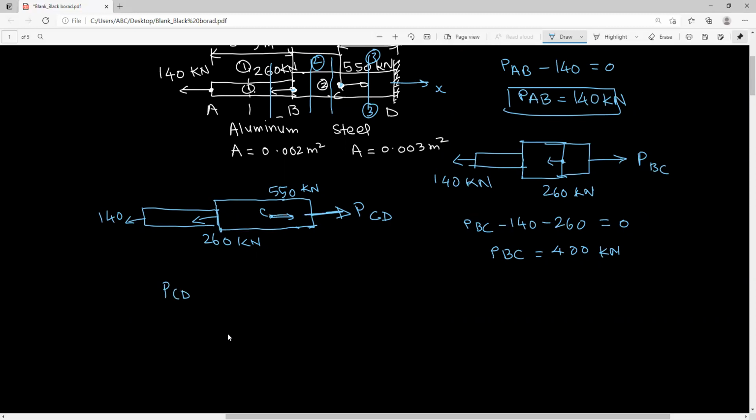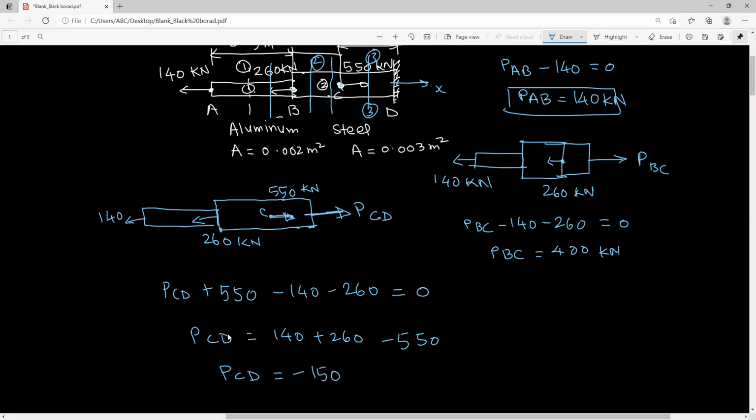Of course, you can see the direction is the same, so PCD plus 540 minus 140 minus 260 is equal to 0. You can calculate PCD is equal to 140 plus 260 minus 540. So PCD will be minus 150 kilonewton.